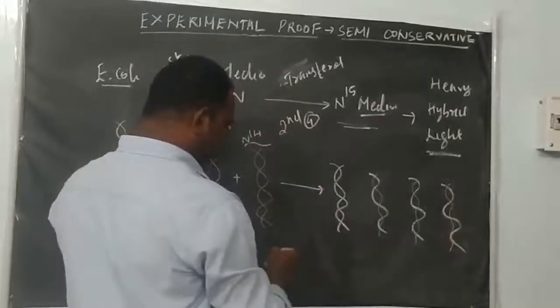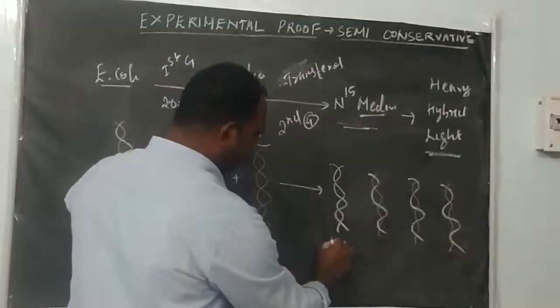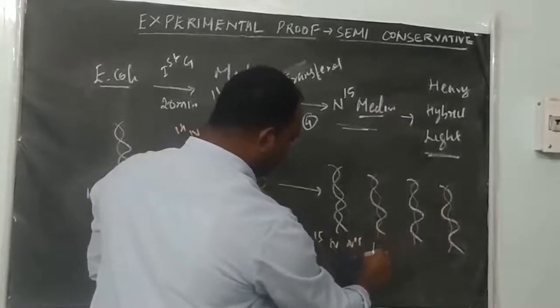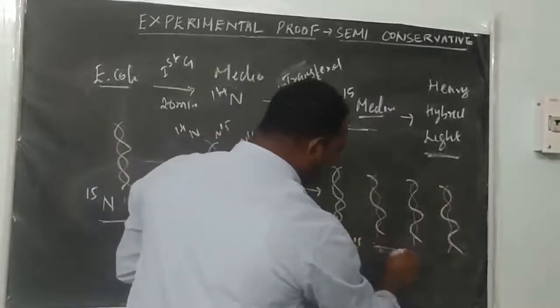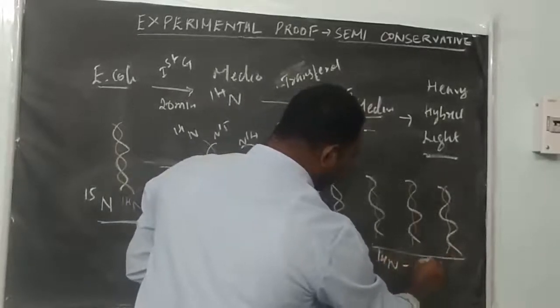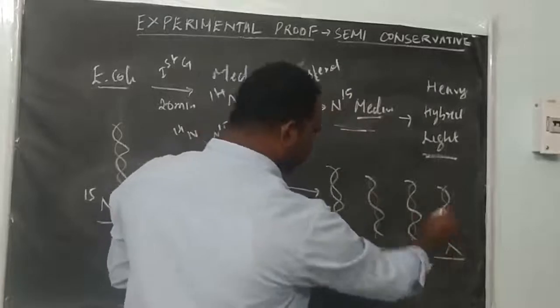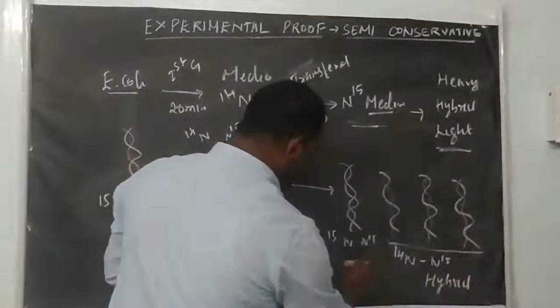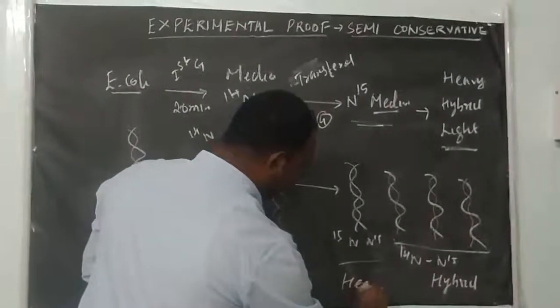Here you see one molecule where both strands are N15, heavy DNA. In the others, one strand is N14 and another strand is N15. So these three molecules are hybrid and one molecule is heavy DNA.